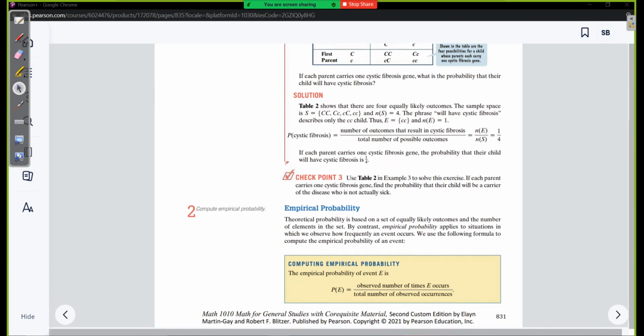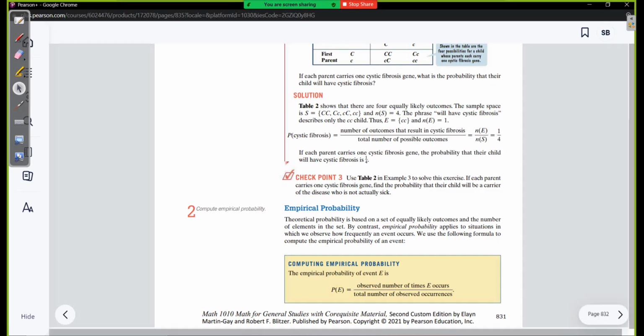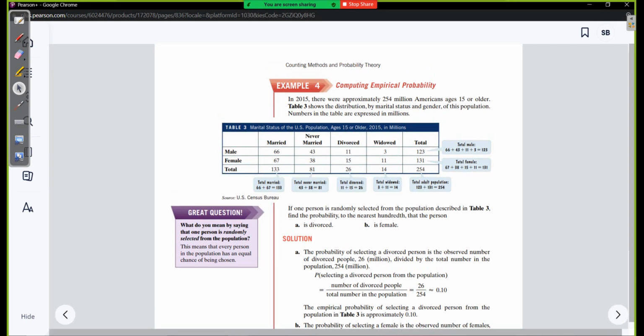All right, so next up we're going to look at empirical probability. Empirical probability sounds like a little much, but really it's just data. That's all it is. It's just data. So we'll go back. Alrighty, so theoretical probability is based on a set of equally likely outcomes and the number of elements in the set.